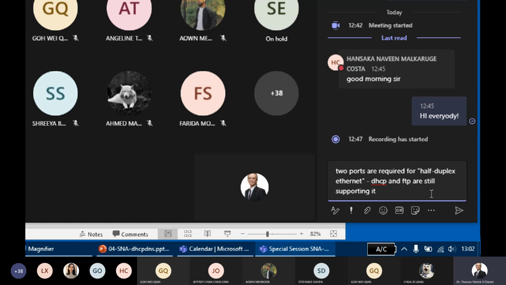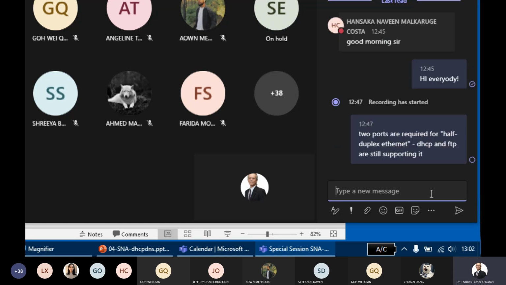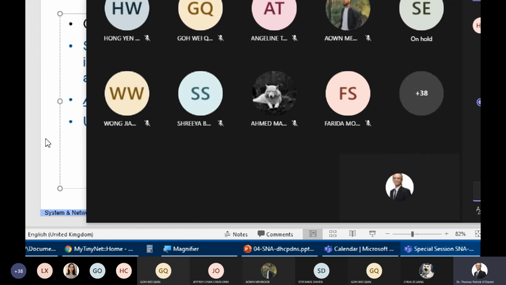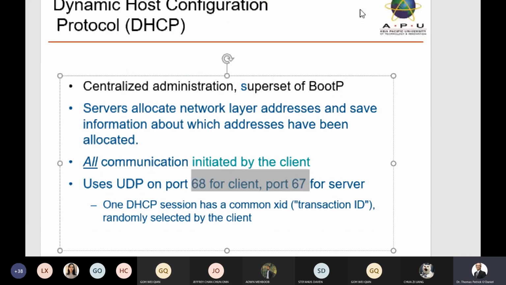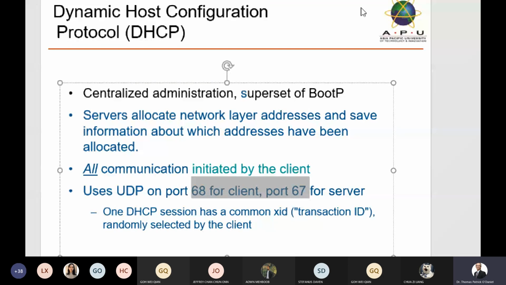FTP is something that people have pretty much given up on. But DHCP is an important one because it still uses half duplex between the client and the server.